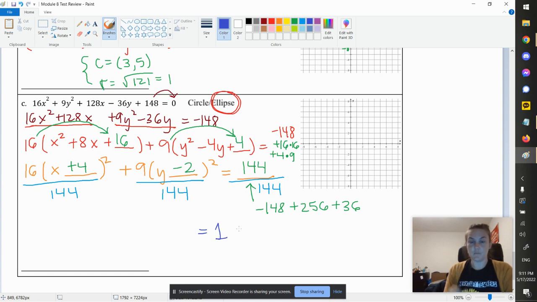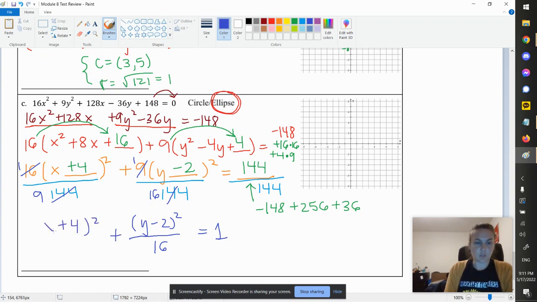So we're doing good. 9 over 144. We basically just divide each thing by 9. So this is over 16. So we're canceling. And then this one we cancel as 16. 144 divided by 16. 9. So the x plus 4 is over 9.